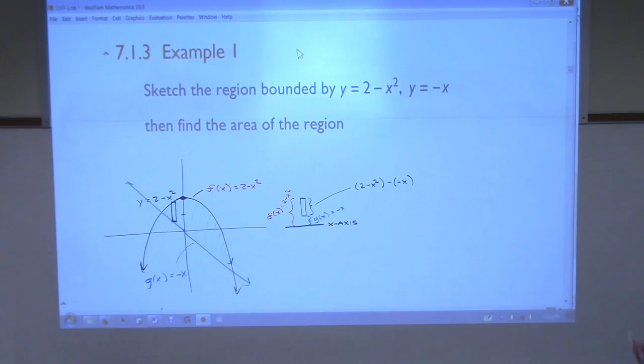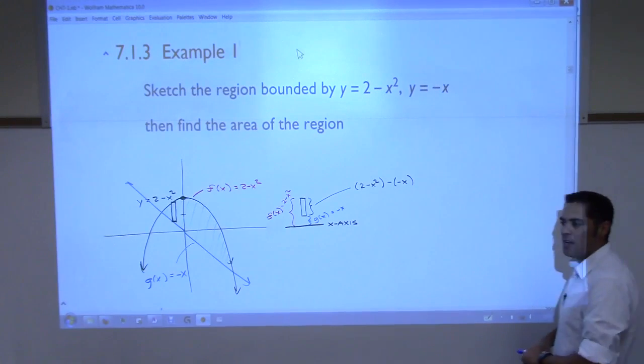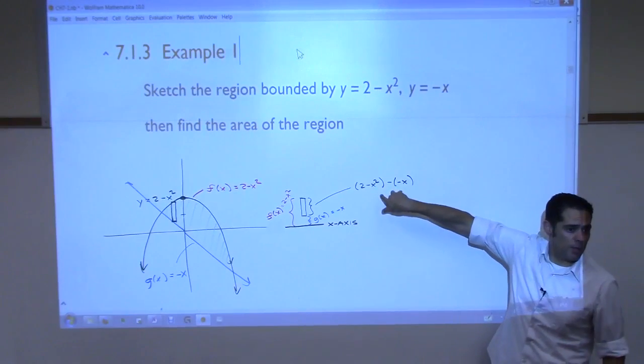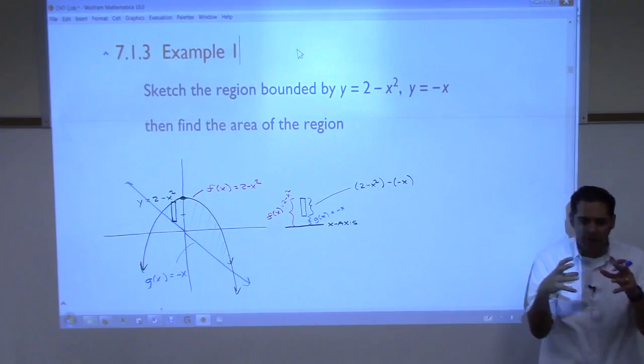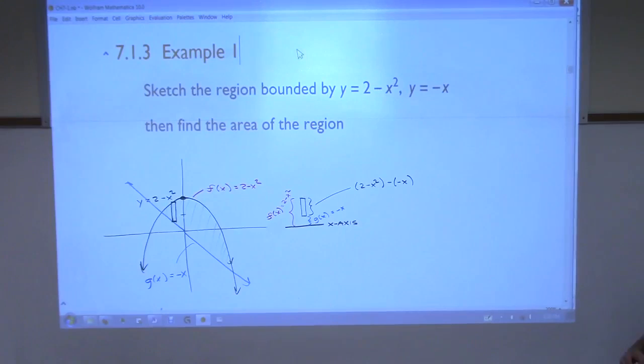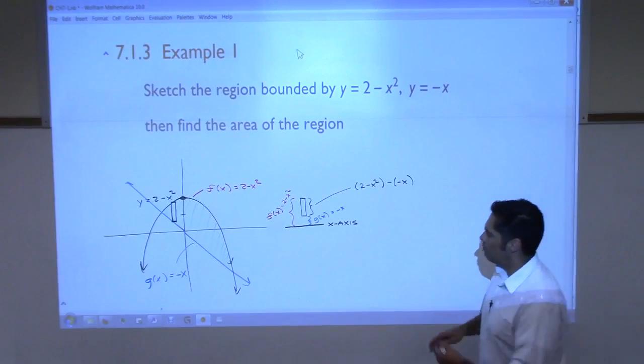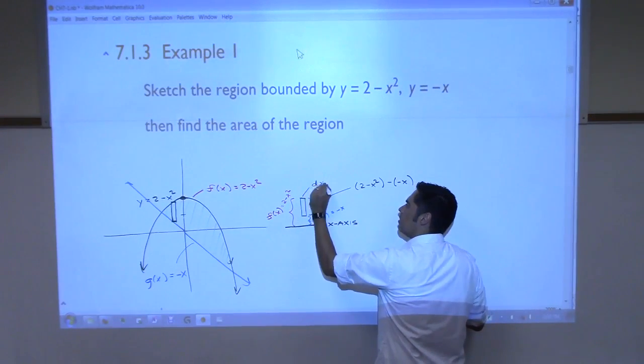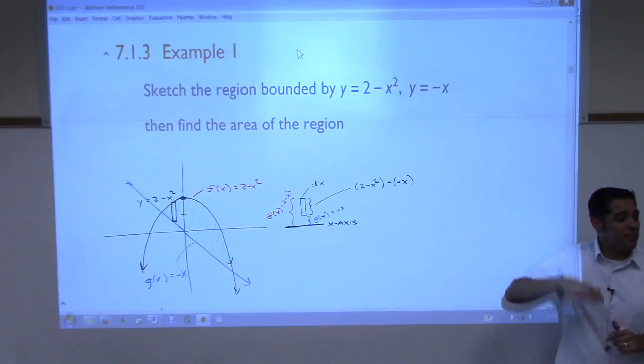At this point, you're pretty much ready to start setting up the integral. Because we know this is the formula, right? This is the integrand. That's the thing we're going to have to integrate. But what's missing? What do we still not know? Well, dx, it's here though, right? This is always going to be dx. We don't know our limits of integration.